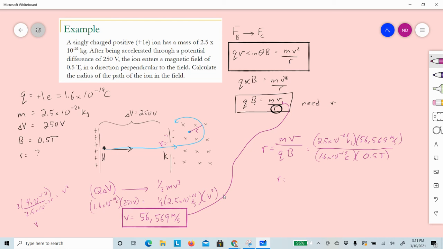Times 2.5 E negative 26. We get 1.4 something times 10 to the minus 21st divided by 1.6 E negative 19 divided by 0.5. All of that equals 0.177 meters. There's your answer.